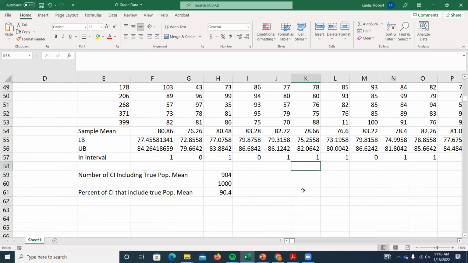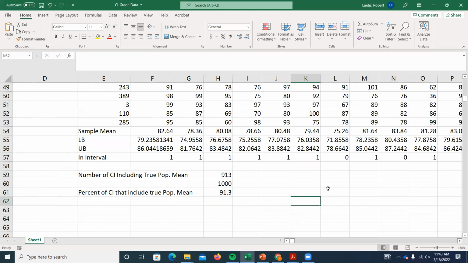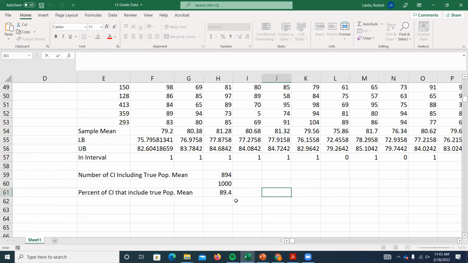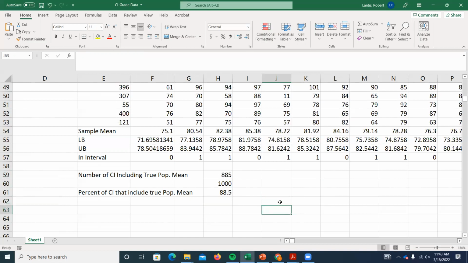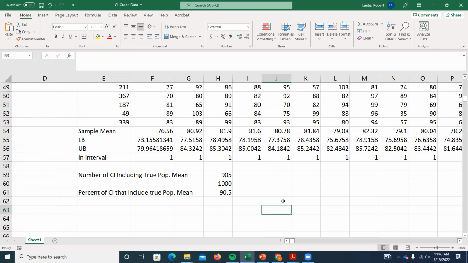If I click here and randomly generate some new numbers, it gets a little bit higher, sometimes a little bit lower, but it's always floating right around that 90%. It's not perfectly 90, and it floats a little around it because I've only got 1,000 samples. This would be even more precise if I did 10,000 different samples, or 100,000 would be even more precise.